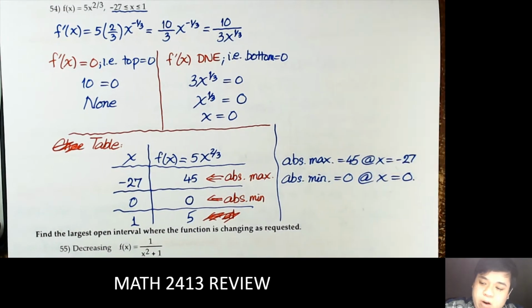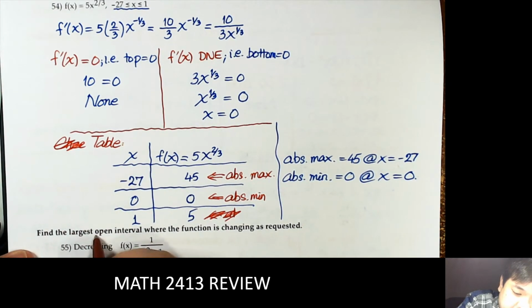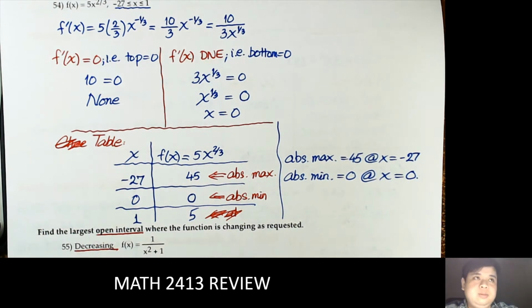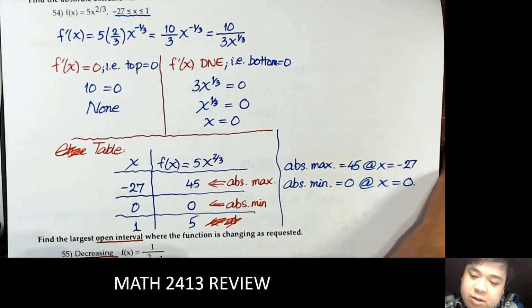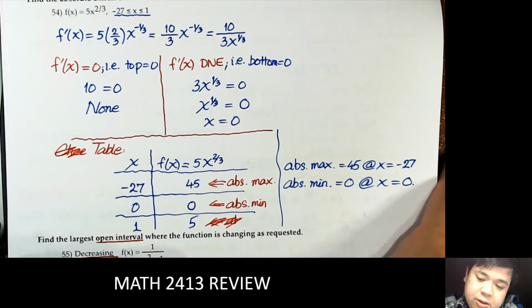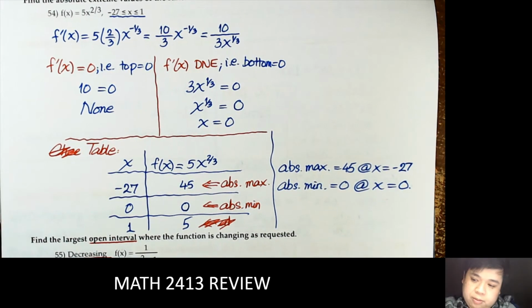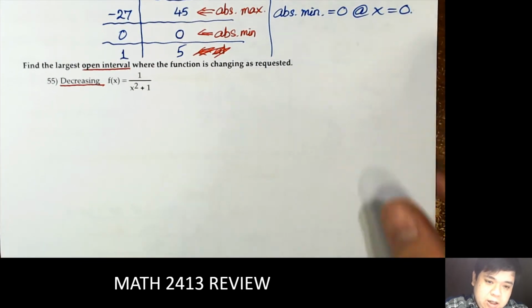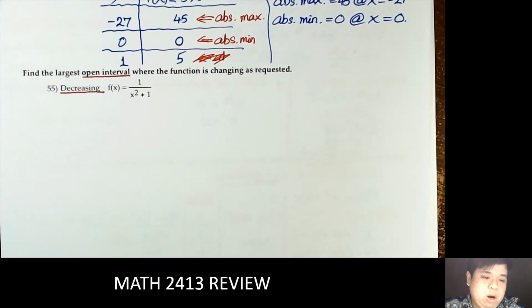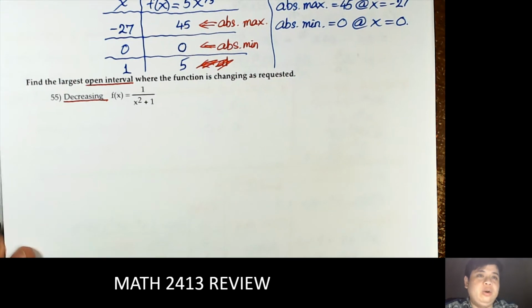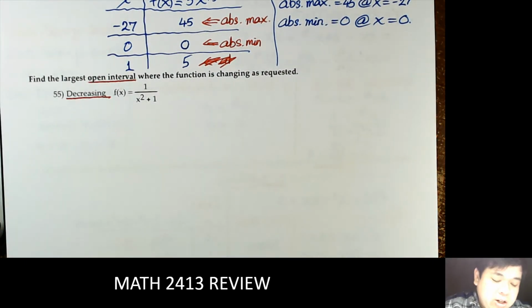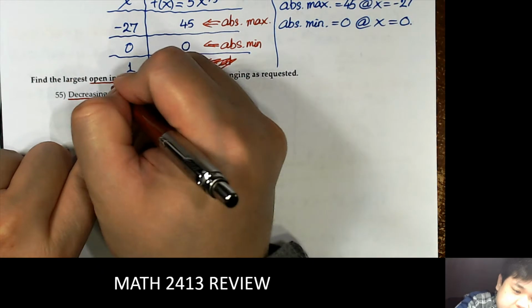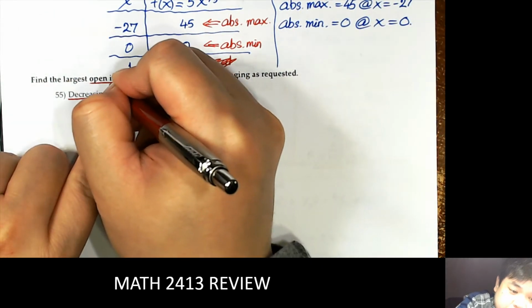Next, we'll find the open interval where the function is decreasing. So the routine is kind of similar to what we did. Derivative equal to 0, does not exist, we find the point. However, this is asking to find an interval, not a point.